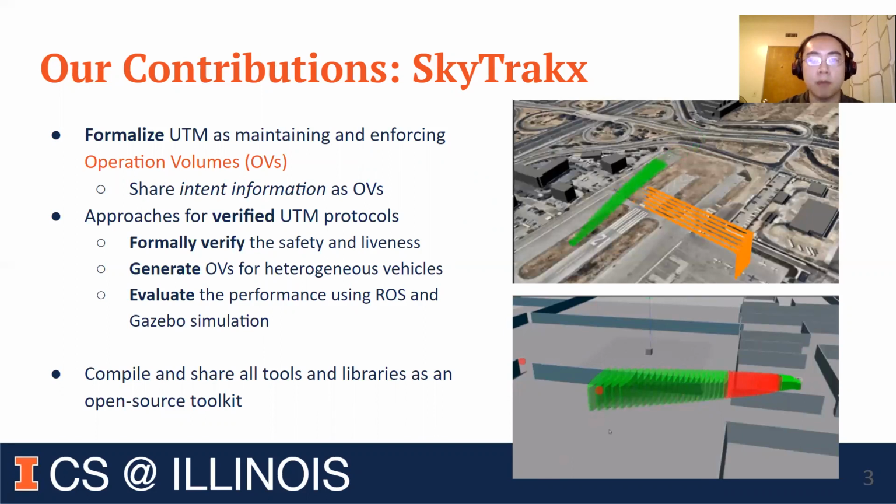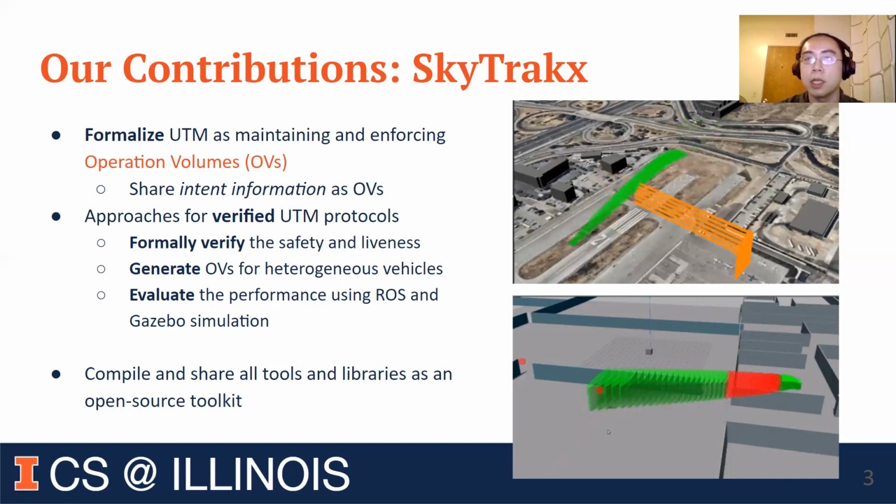In the UTM concept of operations, there is an essential building block to share intent information. The term is called operation volumes. On a high level, an operation volume indicates a region of airspace that an air vehicle will occupy in an interval of time. For example, in the figure on the top, we can see the original operation volumes for a fleet of drones, and then there is the green operation volumes for an airplane.